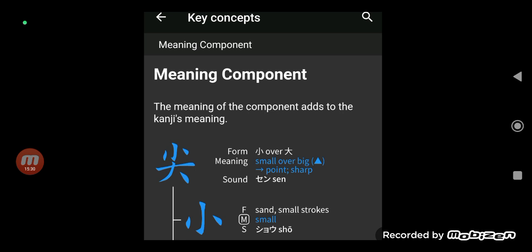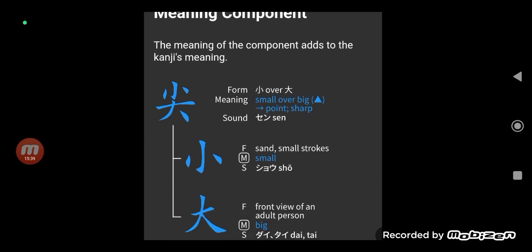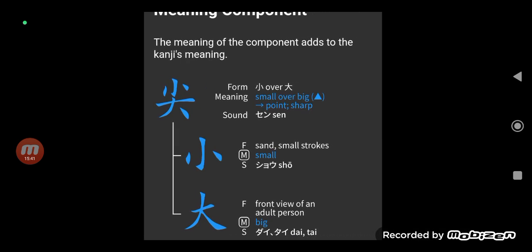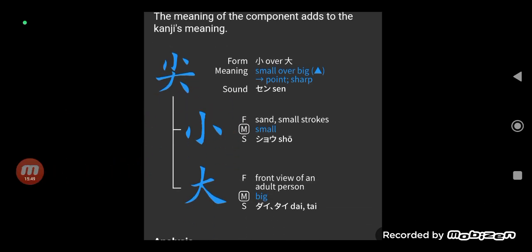Okay, meaning component. The meaning of the meaning component adds to the kanji's meaning. So just like here, this is actually an advanced kanji, so we're focusing on the meaning component. The meaning component here is the chisai or small or sho ko.